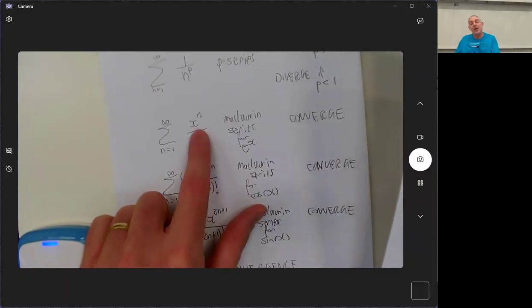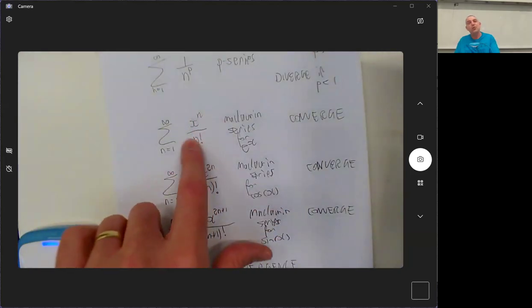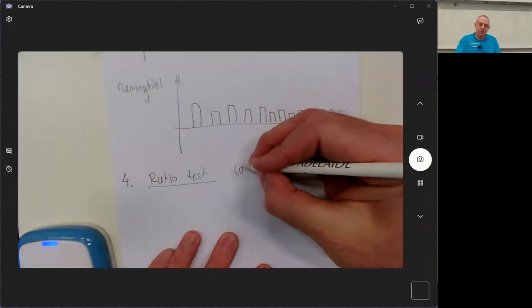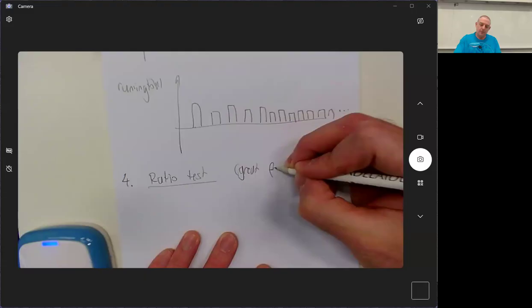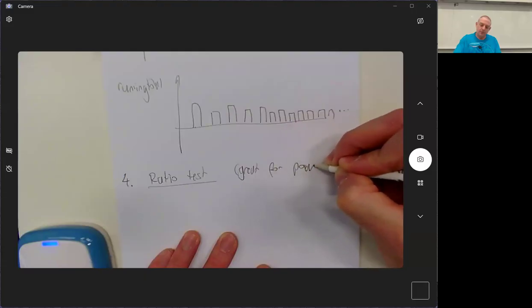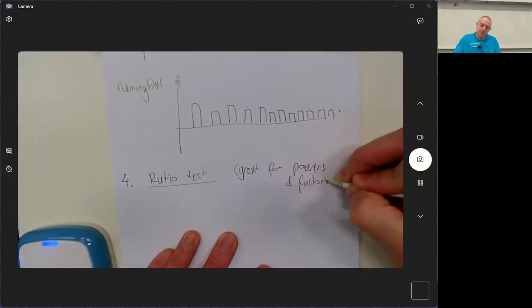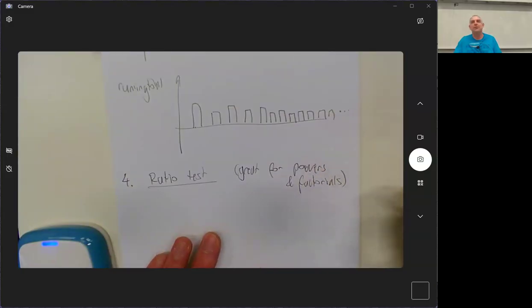So things that have powers and factorials, the ratio test is very good for those. So it's great for powers and factorials.